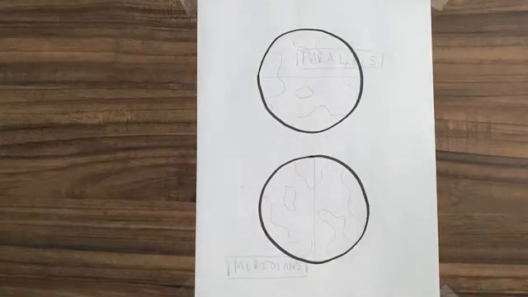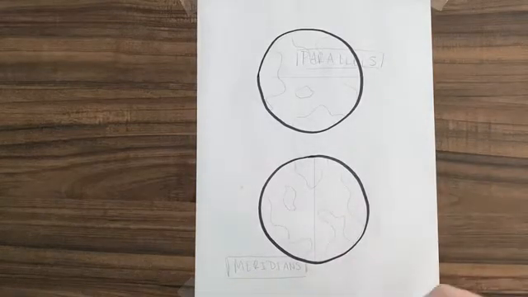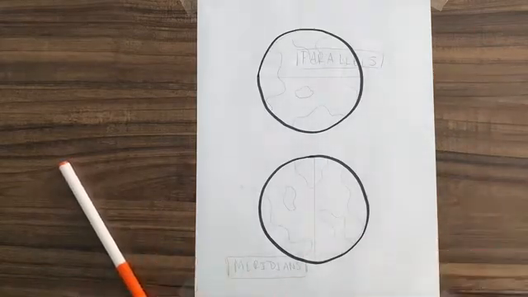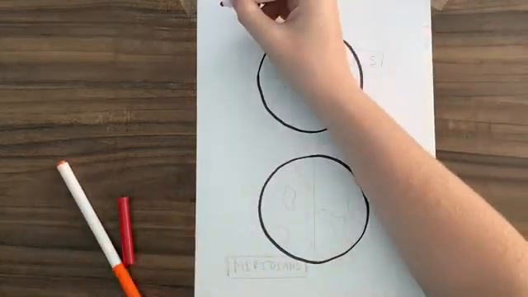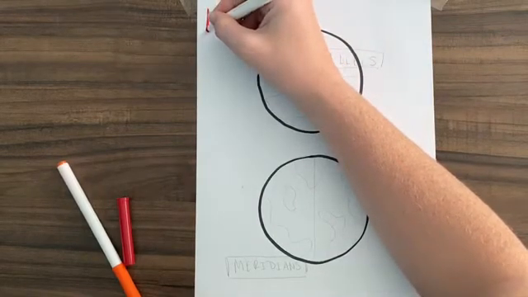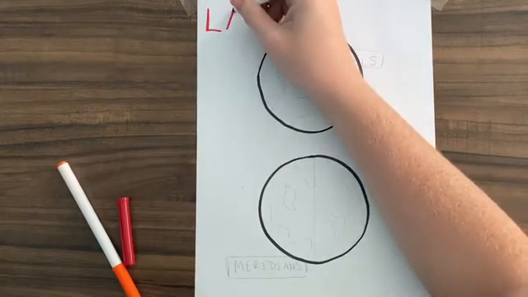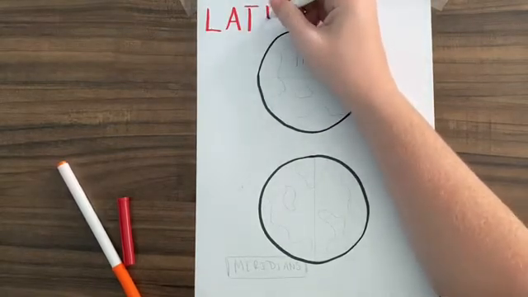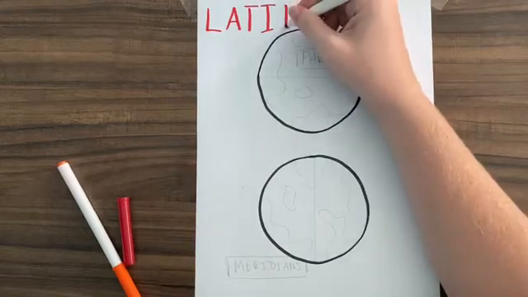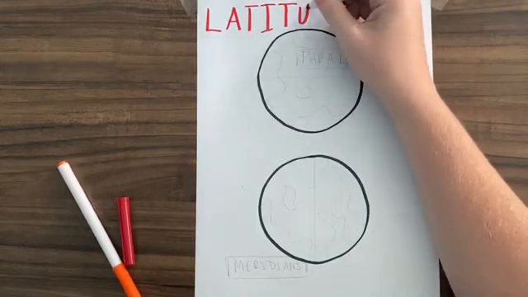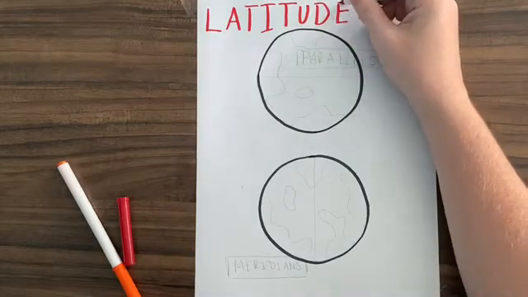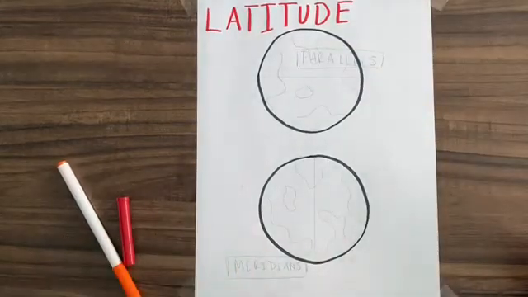All right, now that you have your 2 circles drawn, the next thing we're gonna do is we're gonna write across the top, latitude.